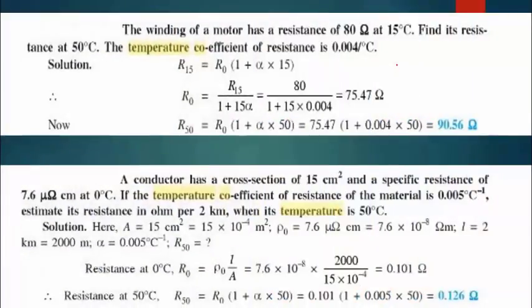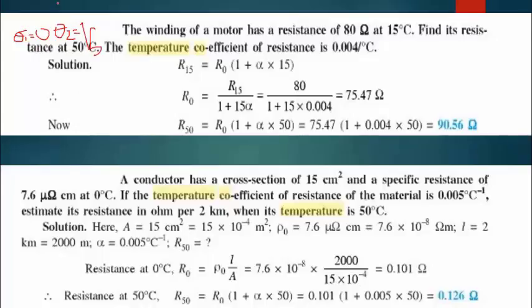Therefore, we will use this first statement to solve for R0. That we will assume that theta 1 is equal to 0 and theta 2 is equal to 15.